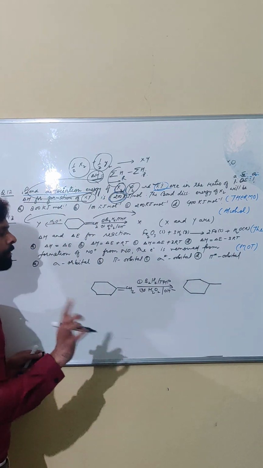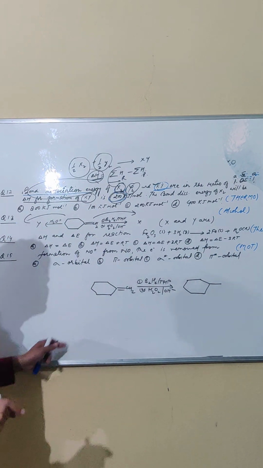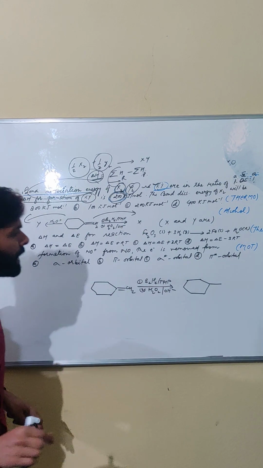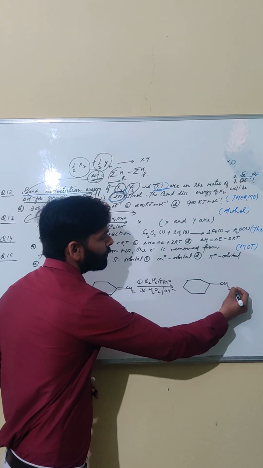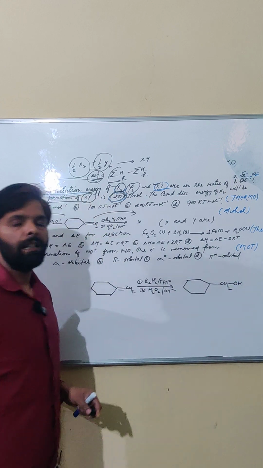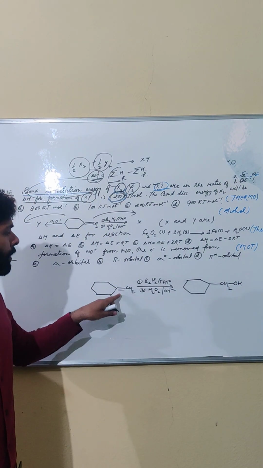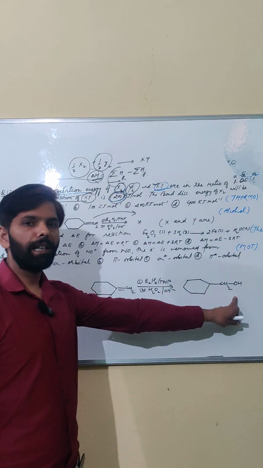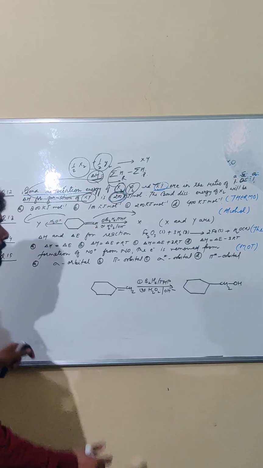So here you have two possibilities, either 3 degree alcohol or 1 degree alcohol. In hydroboration you will always get the lower degree alcohol. So out of 3 degree and 1 degree we will get 1 degree alcohol. So we will get this alcohol.